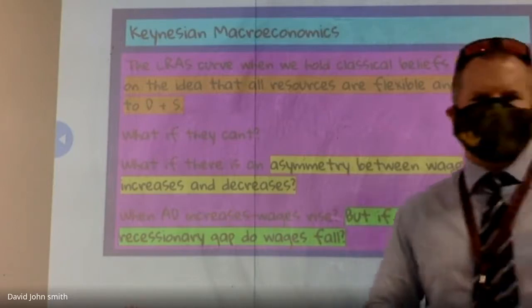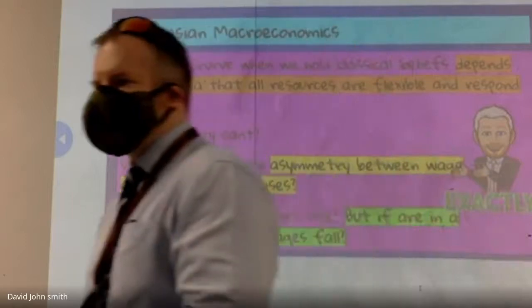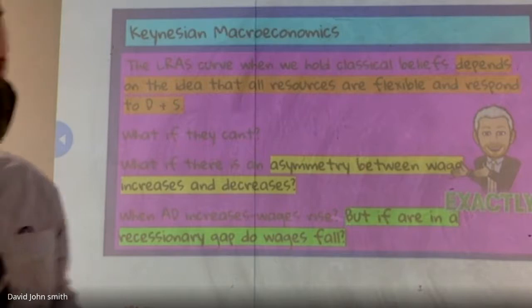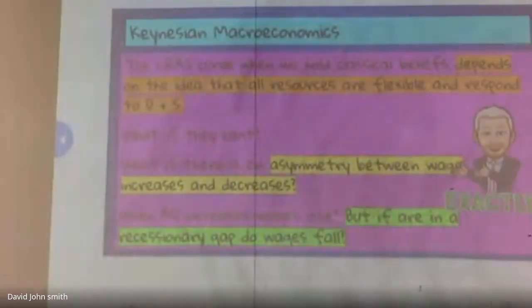If you're ever tempted to think wages are flexible, try asking somebody if they'd like to have a wage cut. How happy would they be? So what Keynes said was there's an asymmetry, an imbalance between wages increasing and wages decreasing.